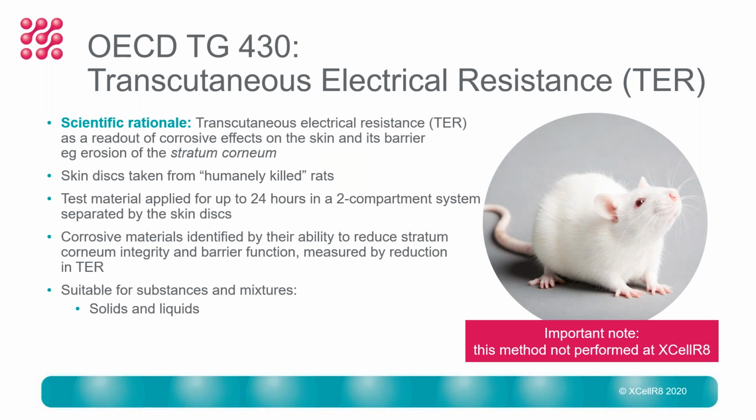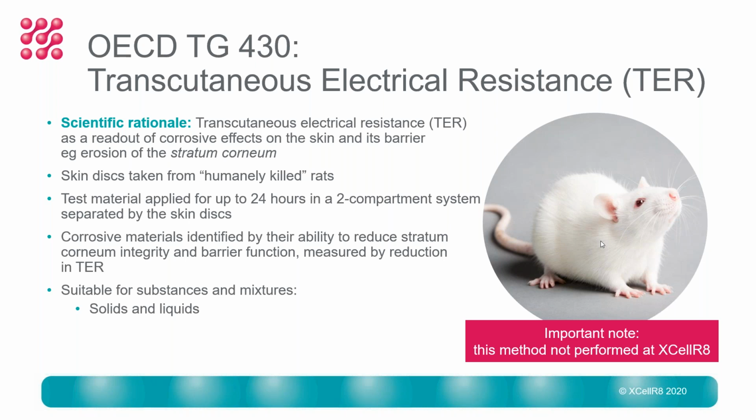As this is an educational webinar, clearly I wanted to make sure that we're putting all of the methods in here to discuss today. So the scientific rationale behind this method is that it's a readout of the erosion of the stratum corneum. And the theory is that when we place a corrosive chemical onto the skin, the barrier is damaged, which then causes a change to the transcutaneous electrical resistance of that barrier.